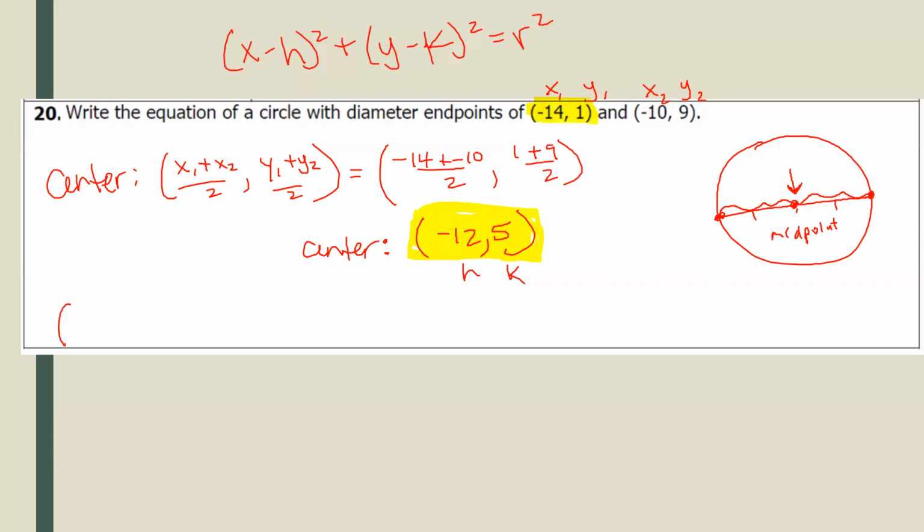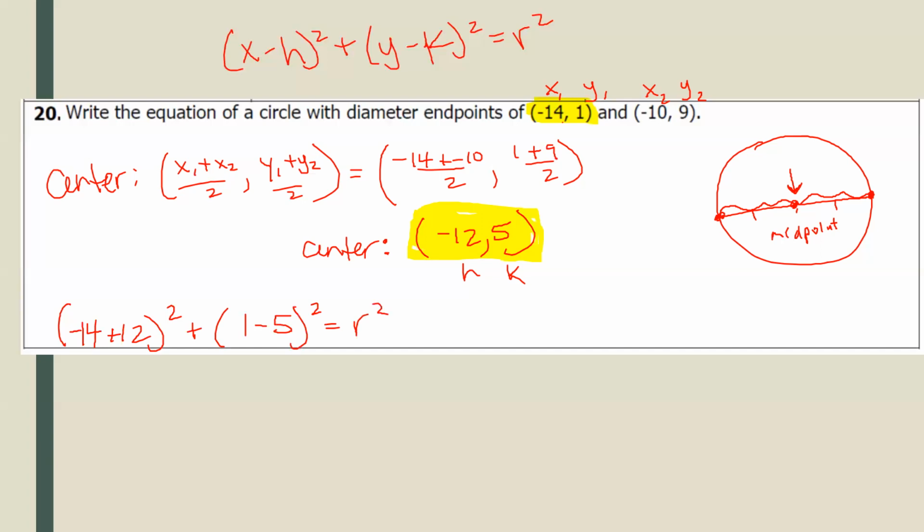So x, okay, that's the negative 14, minus h, x minus h, so negative 14 minus negative 12, so that's plus 12, plus y, 1, minus k, 5, squared, equals r squared.